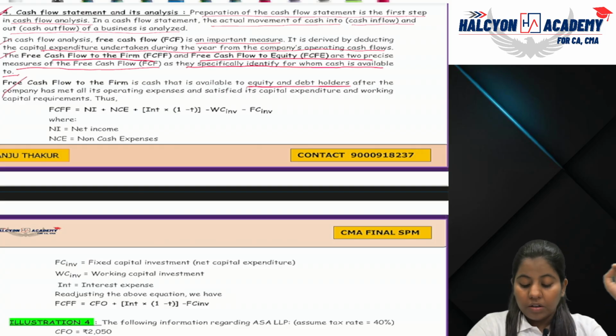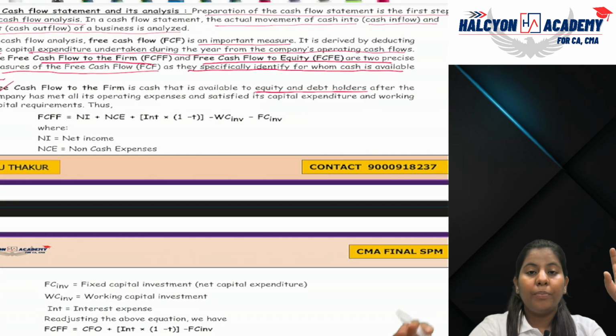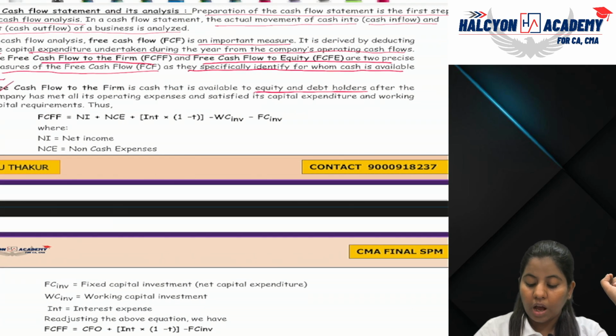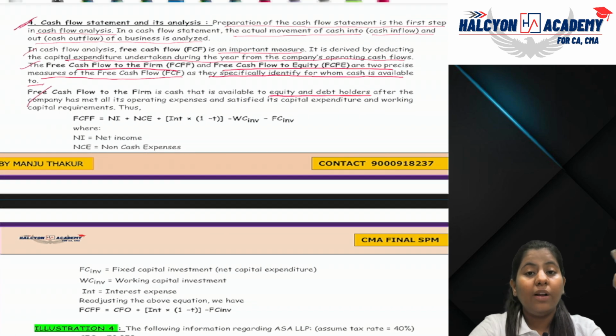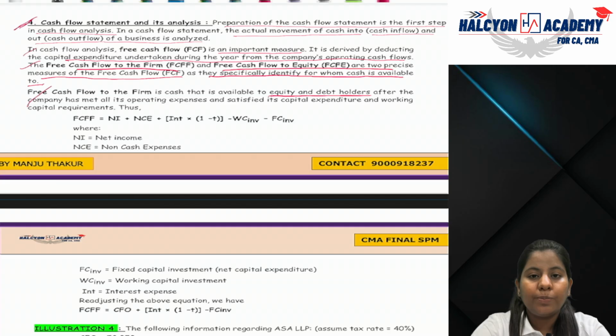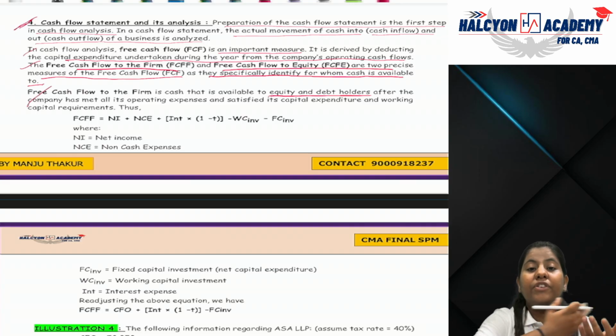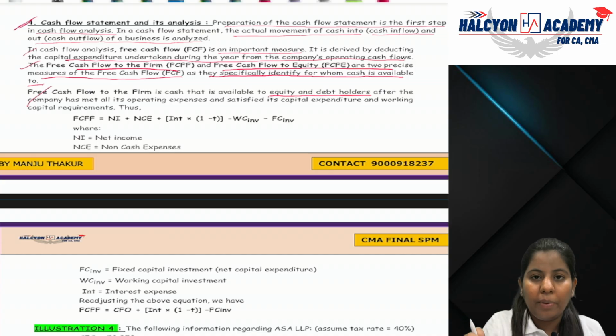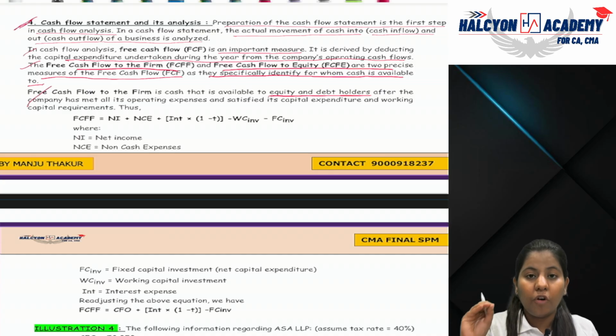See, if the company is having some cash, out of which it has paid all the operating expenses, it has also deducted working capital investment, it has also deducted capital expenditure. After deducting everything, whatever cash is available for the firm is FCFF, free cash flow to the firm.